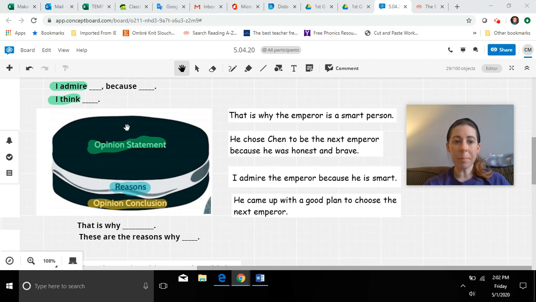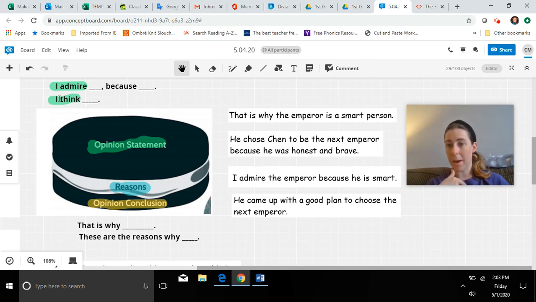We have to find the opinion statement. I said sometimes our opinion statements might start with this format. I admire blank because, or I think. So I'm recognizing that it starts with I, okay, because my opinion belongs to me.